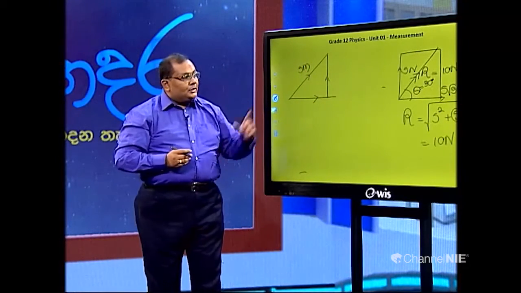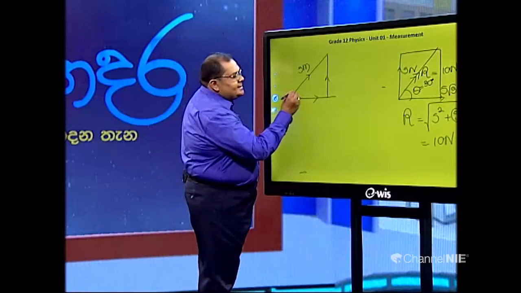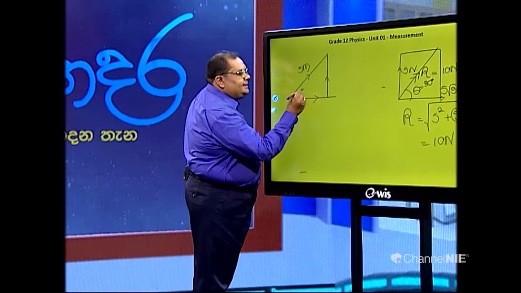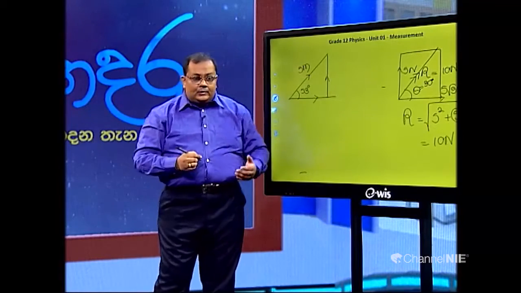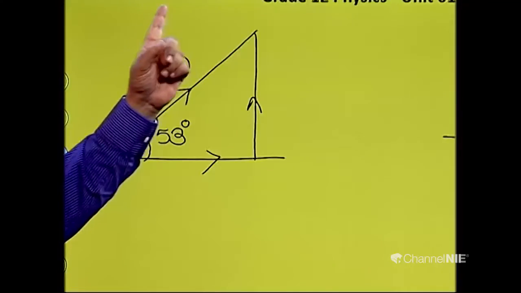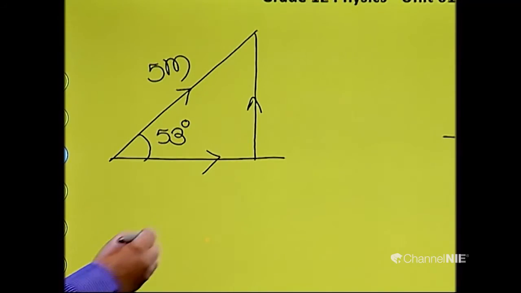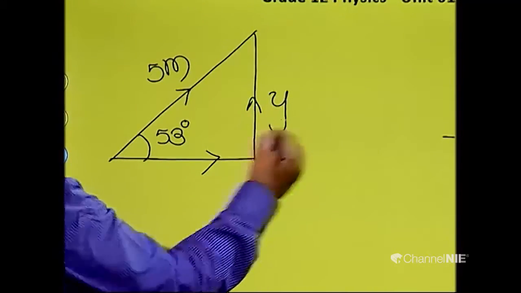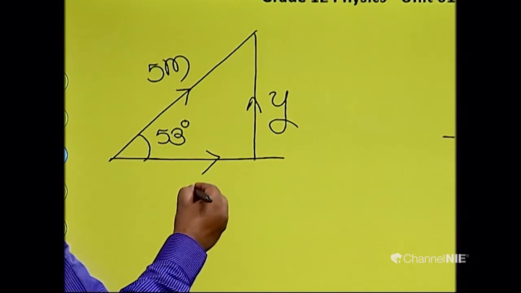Those are known as vector components of this vector. Assume this angle is 53 degrees. Then you know sin theta equals opposite over hypotenuse. I am going to take this as y, the vertical component, and this as x.